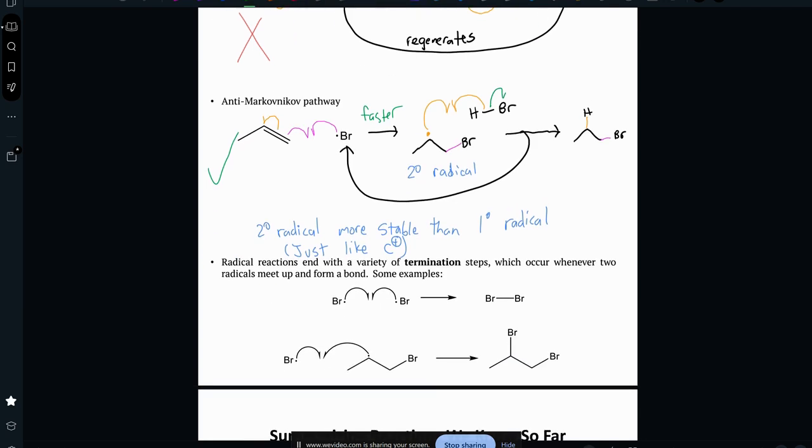We get termination steps that will lead to byproducts. These will generally be small in concentration, but we will get some of these byproducts from the case where any two radicals meet up and form a bond. And that ends the reaction sequence.